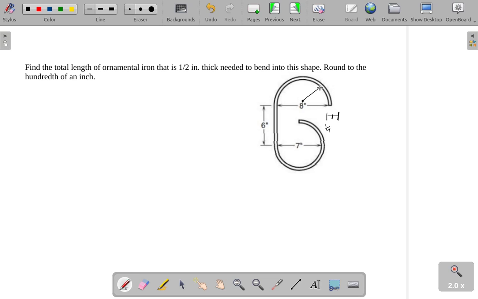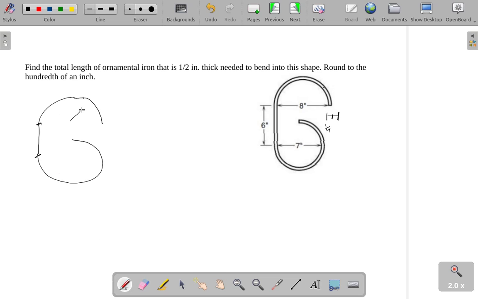So this one right here, to the center of the pipe, actually let me redraw this because it's kind of a little hard to see what's going on there. So I'm going to go like this. It's hard to see what's going on in theirs, but it's better than mine, isn't it?